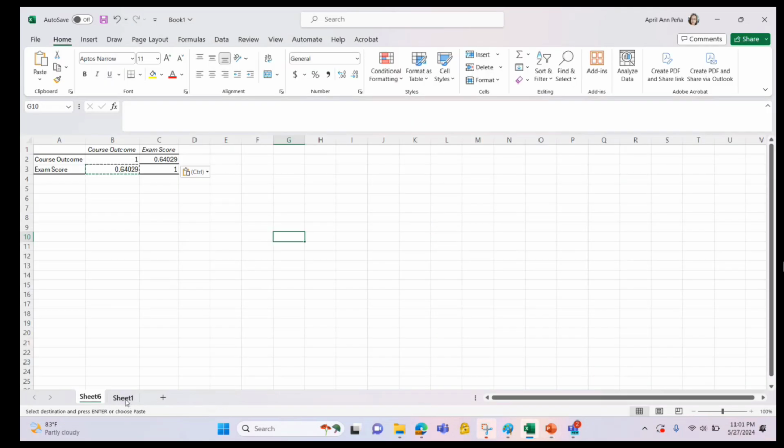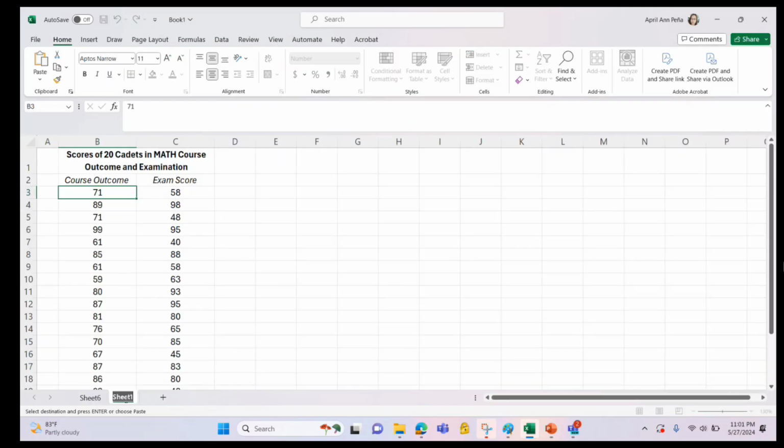Okay? So how are you going to do the regression? Remember, the regression will be needed in number 3 because you need to come up with an equation. But do not worry for number 2, the interpretation, we're going to have it after computing for the regression.